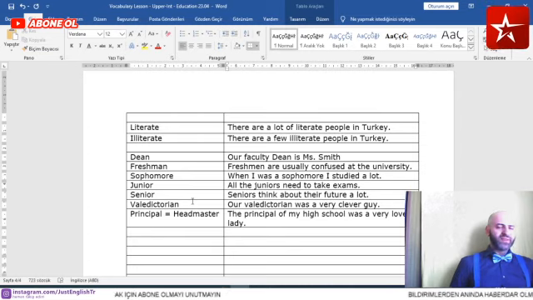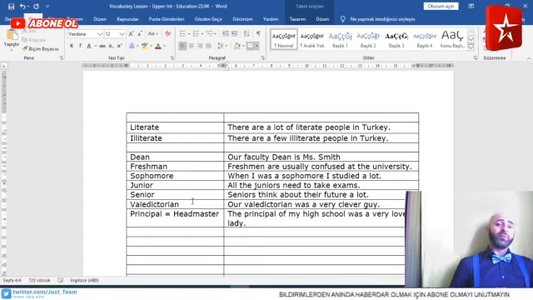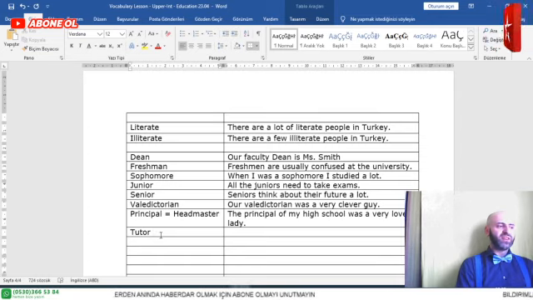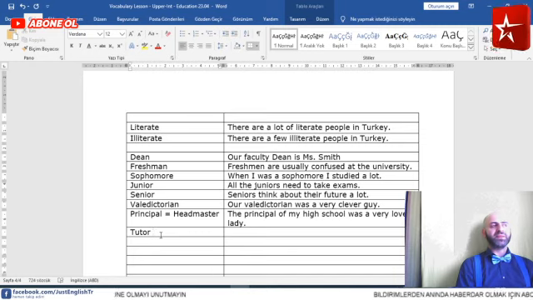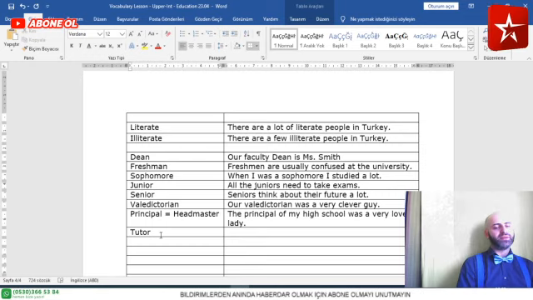Some other words that you may see at the universities is, for example, a tutor. Tutor, it has different meaning in different countries. It means professor in some countries. In some countries, it means something like junior professor.